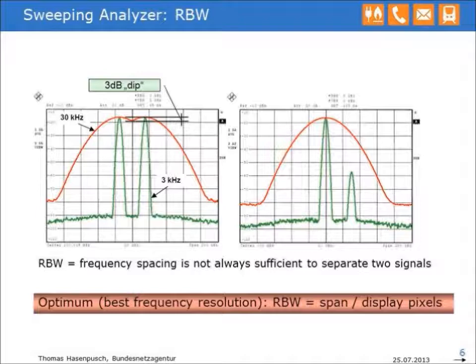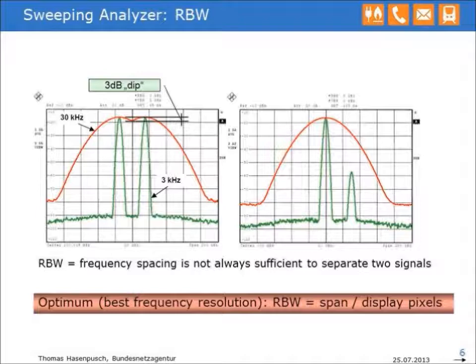It looks as if it is one signal. So in any case, the smaller the resolution bandwidth, the better the frequency resolution. But also it takes longer to perform the sweep.